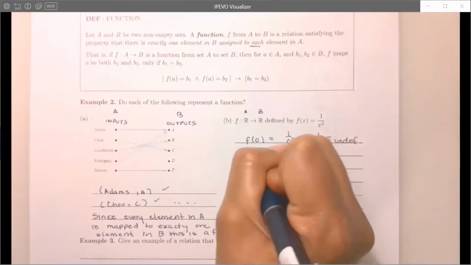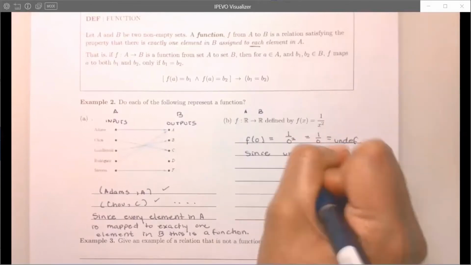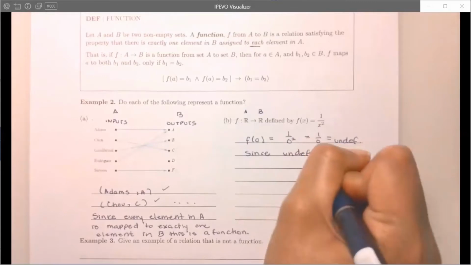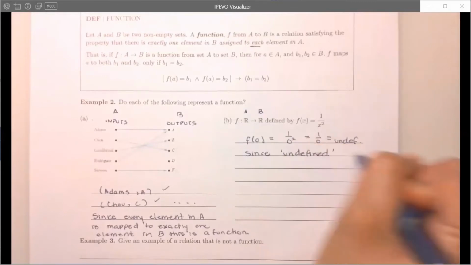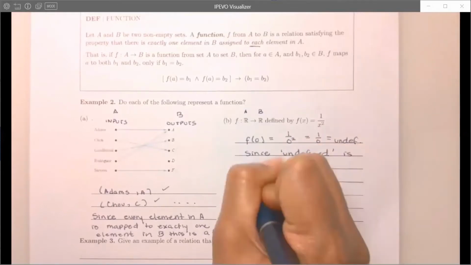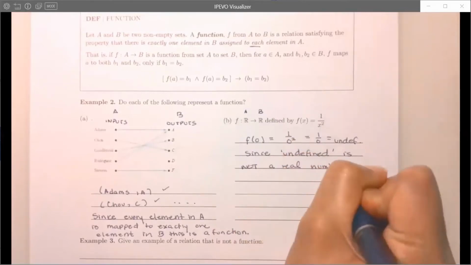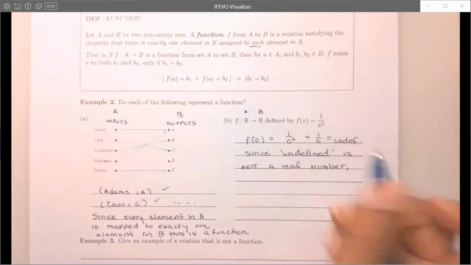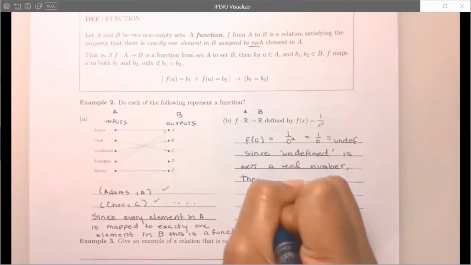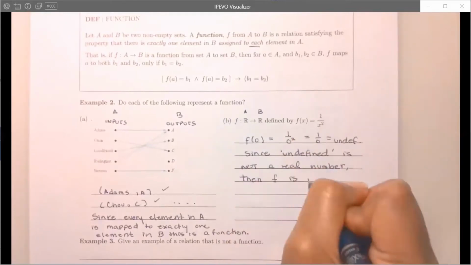So since undefined is not a real number, then f is not a function.